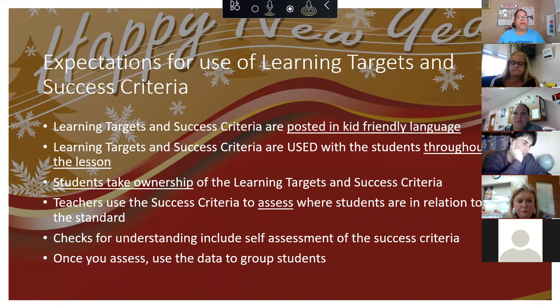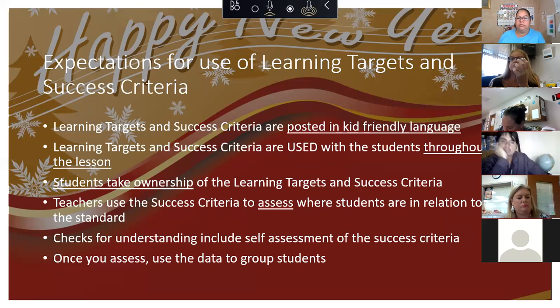How would you evaluate that with e-learning teachers, especially like the post-it ones? Because I do it at the beginning of the week where they write it in their agenda quickly and we go over it and we'll visit it every day. That's a very good question. What we look for in e-learning teachers is for the learning targets and success criteria being posted.